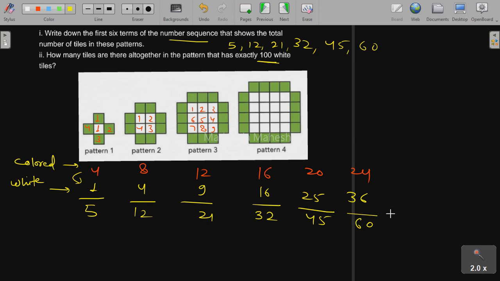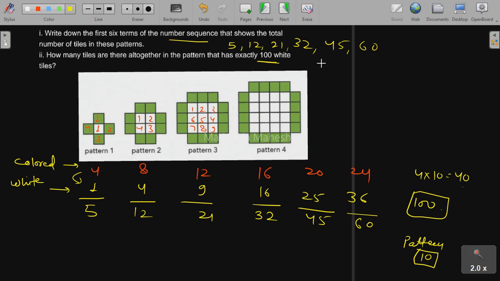We have to check that 100 is 10 square. Okay, so pattern 10 has 100 white tiles. In pattern number 10, there are 100 white tiles, and the number of colored tiles is 4 into 10, which means 40. So the total number of tiles is 140.